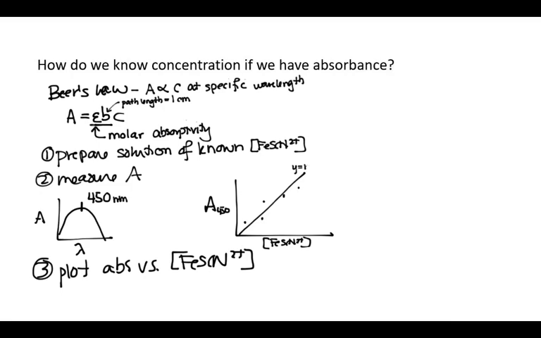That line, y equals mx plus b, so the m, the slope, will be your epsilon b, and the intercept will be close to 0, but not totally 0. We'll use the equation of that line to calculate concentration from known absorbances.